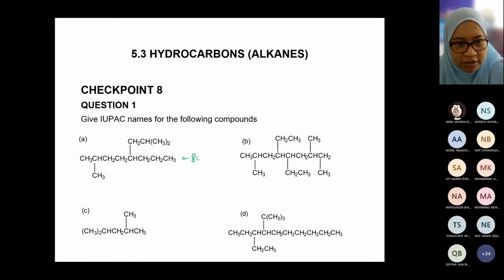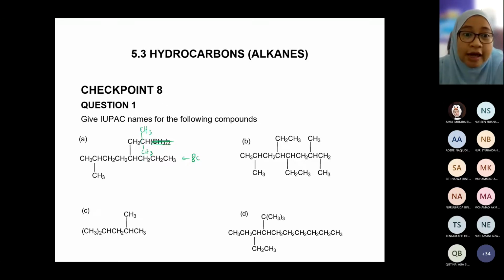So we have 2 CH3 attached to this carbon. I delete this one because I have already expanded it. So this is how it looks. And there is one H there.